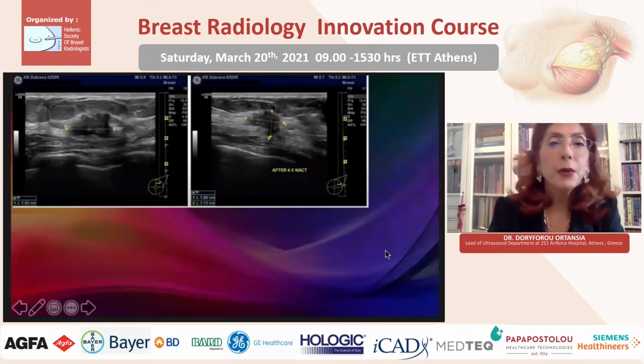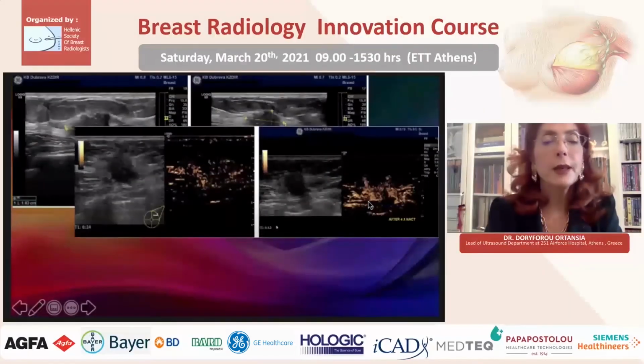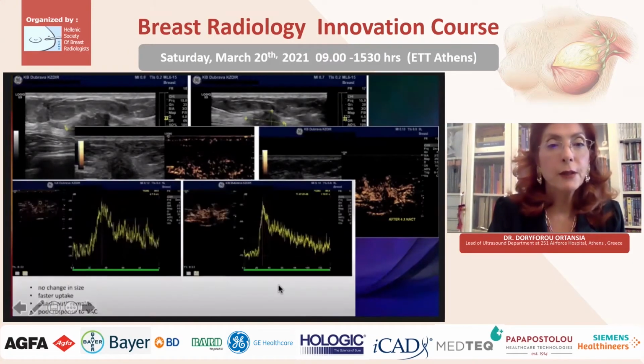This is an example of how you utilize CEUS in the response to neoadjuvant chemotherapy. This is the image 4 weeks after neoadjuvant therapy. Not much change on the B mode. And with CEUS, we see that the peak intensity time is shorter than the initial one, which means there is some malignant potential.